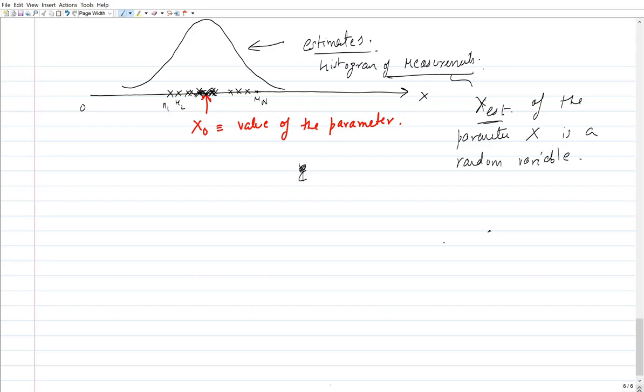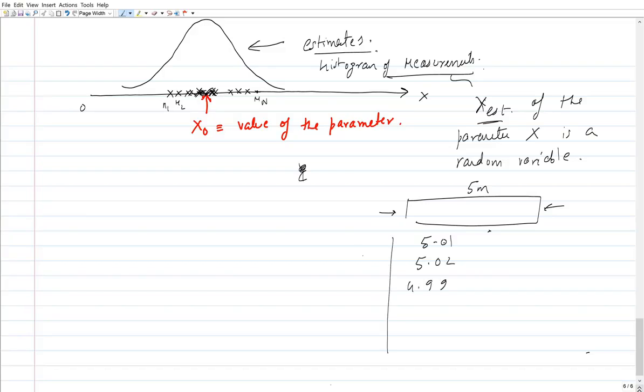This can happen. For example, you're measuring a length. Let's say you're trying to measure a stick which is in reality 5 meters. You might measure 5.02, 5.02, 4.99, and these are all your measurement records. What we are assuming is that the measurement record is clustered around the actual value of the parameter as a Gaussian variable.